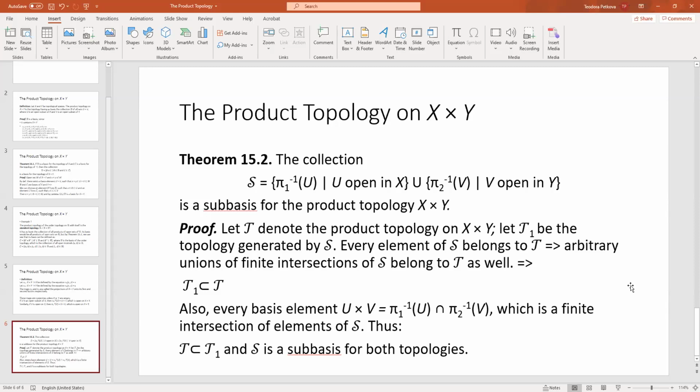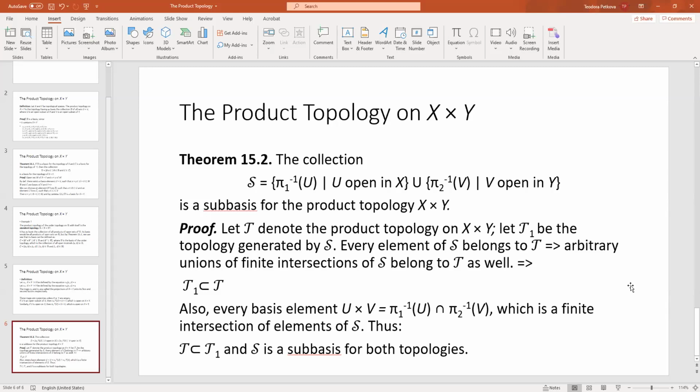When you discuss topology, it will always be connected to the continuity of a function, okay? And the continuity of a function is not defined by the image. It's defined by the pre-image, which you will see later.